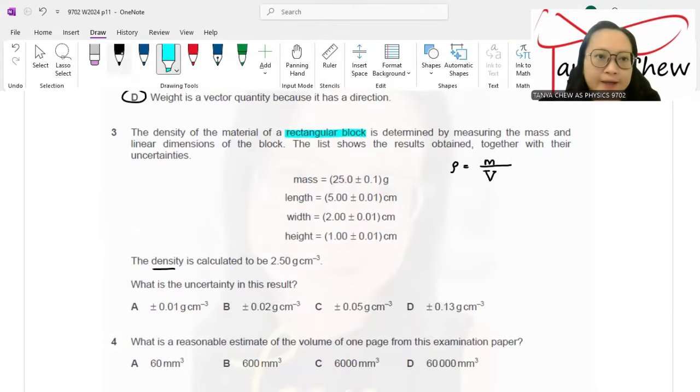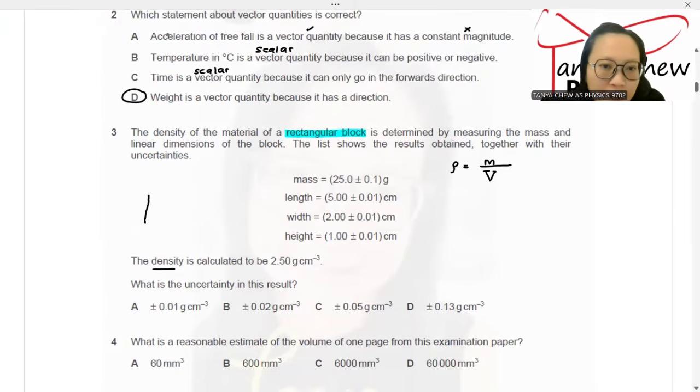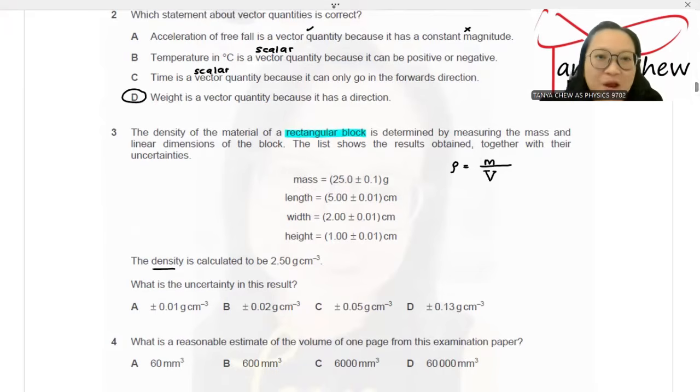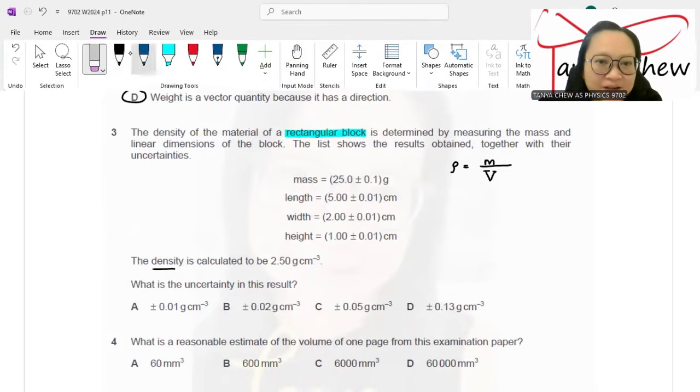So, this is how the block looks like. The length, the width, as well as the height. Okay, I have to redraw. This is the length, the width, and the height.